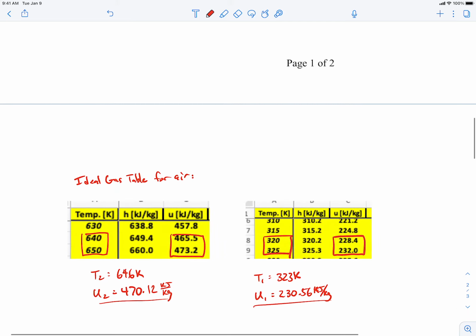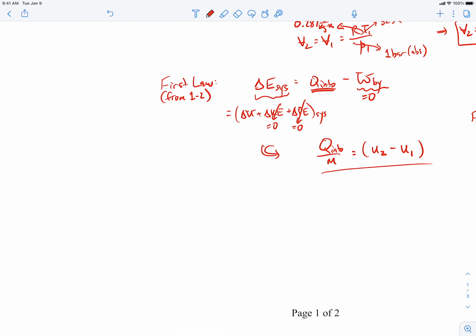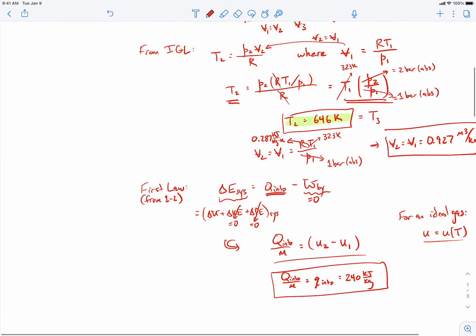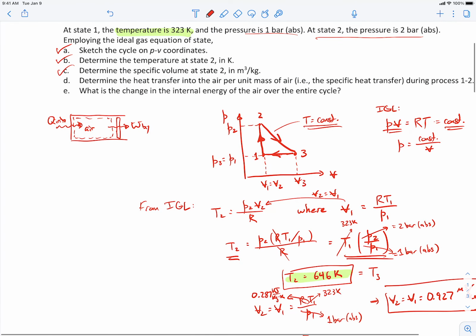So we can make use of those up in this equation, and then we'll get the Q into per unit mass. So the heat transfer into the air per unit mass, sometimes we get the symbol a little q, comes out to be 240 kilojoules per kilogram. All right, so that's now our part D.